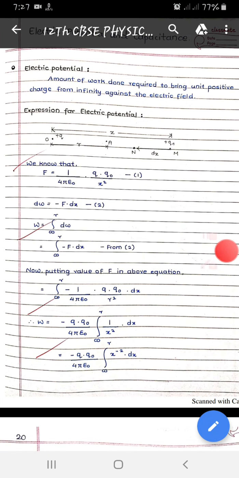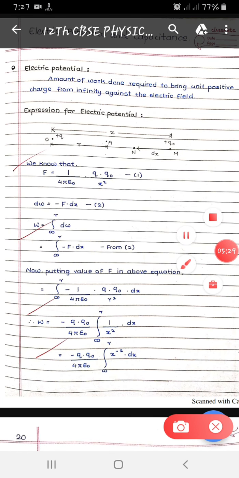Now you can see here the expression for electric potential. Already I explained the figure.